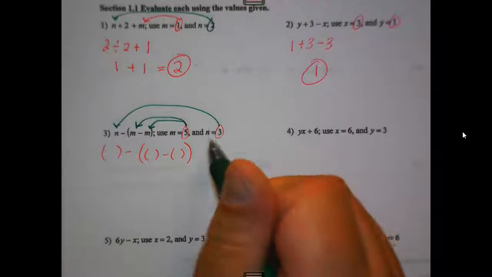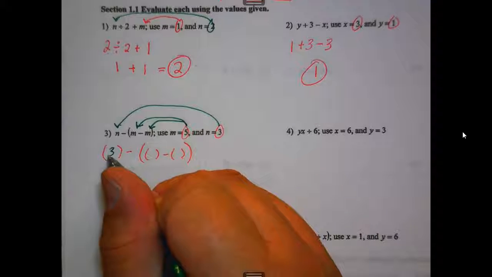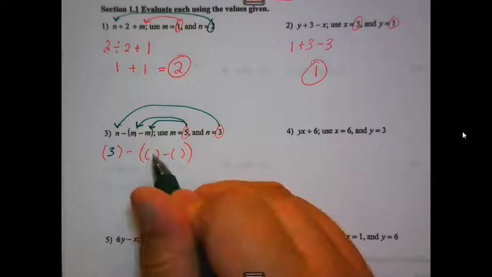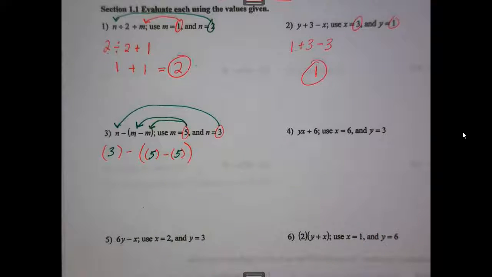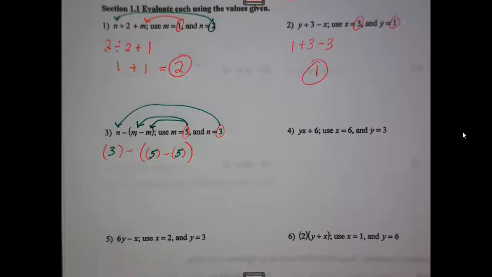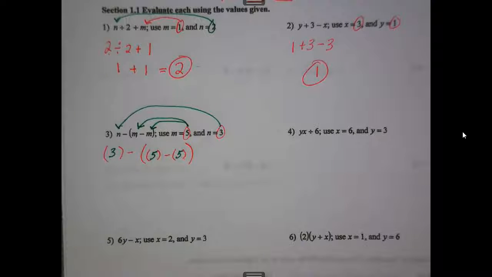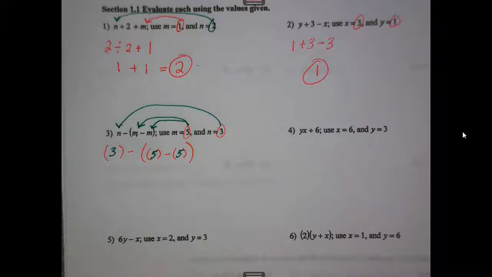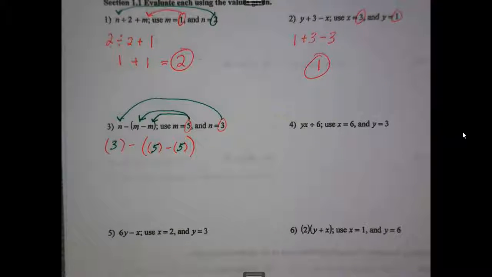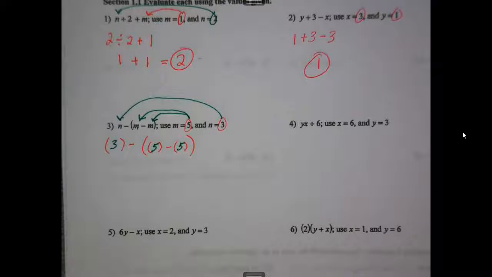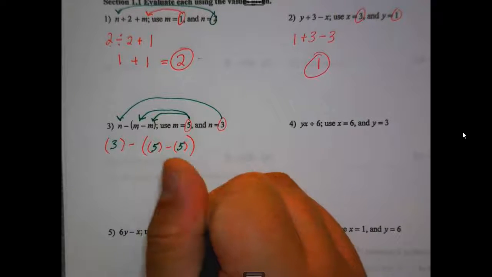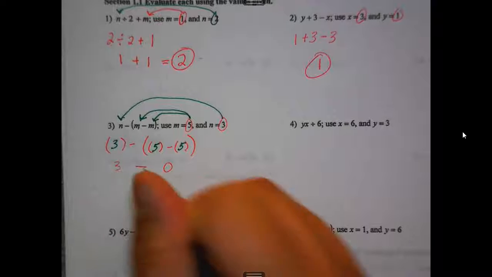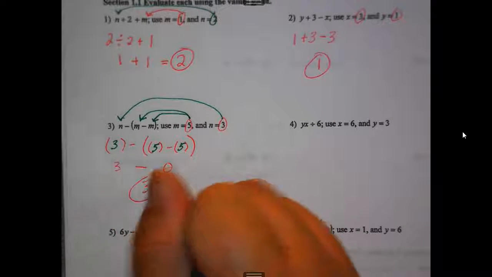N is 3, M is 5, M is 5. Your calculator's real picky about order of operations, that's why there are so many parentheses, so it doesn't make mistakes. Parentheses first, 5 minus 5 is 0. So I have 3 minus 0, which is 3.